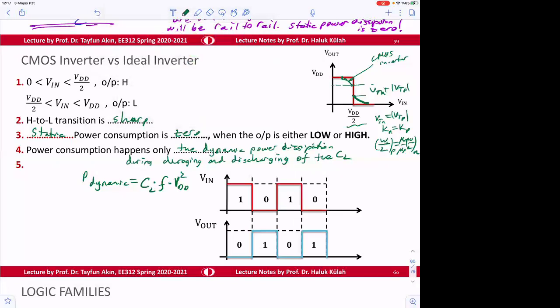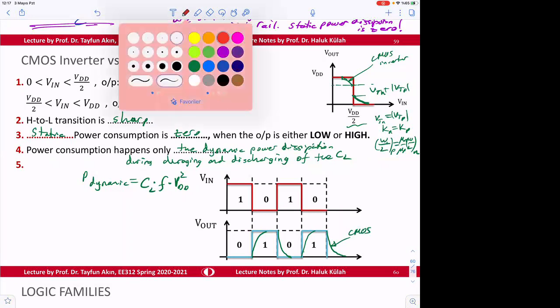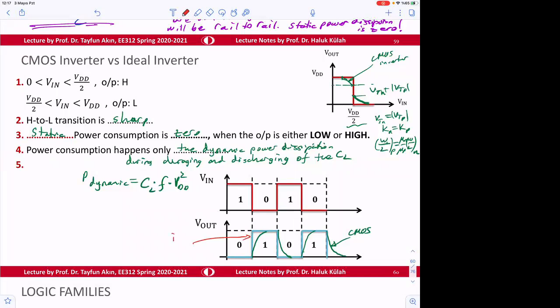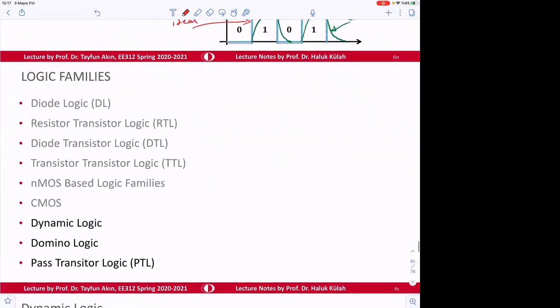And the CMOS, this is going to be like this, maybe, and then this one is ideal. So that's not very ideal, but it's close to ideal.